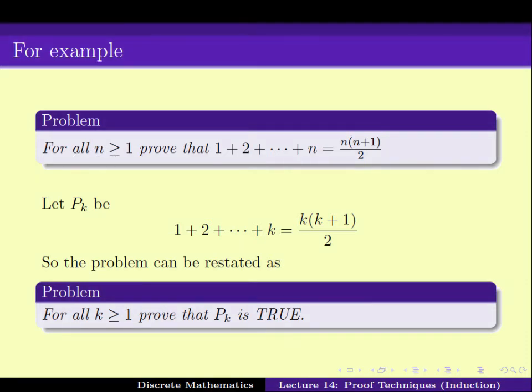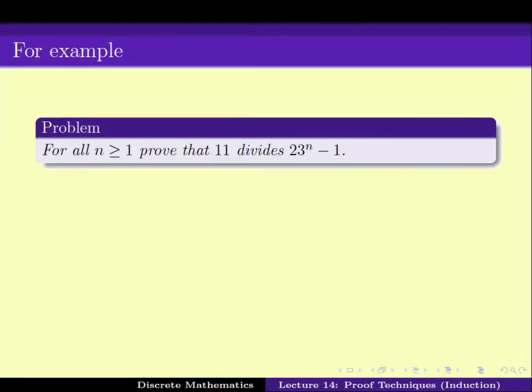Let's look at a second example. Say for all n greater than or equal to 1, prove that 11 divides 23n minus 1. Now, can you guess what the Pi's are? So let's define it by again using n as the parameter.